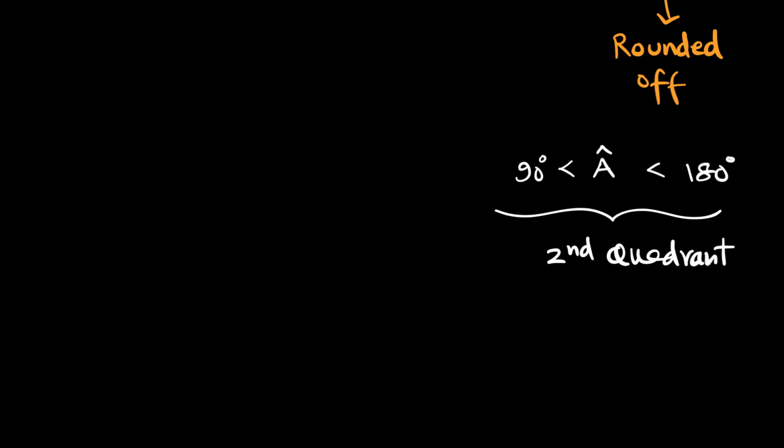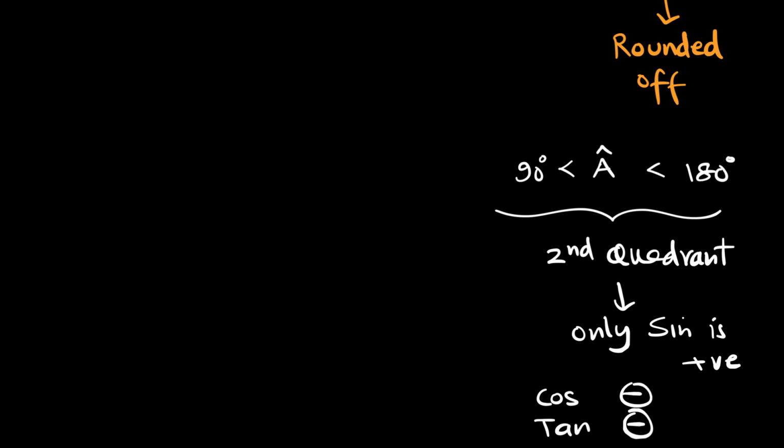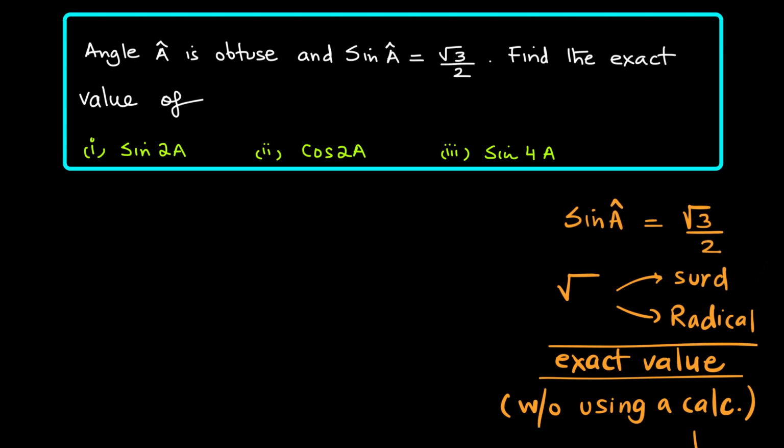Now in the second quadrant, only sine is positive, which means cosine and tangent will both have a negative sign. So now the very first thing that we need to do is to draw a triangle.